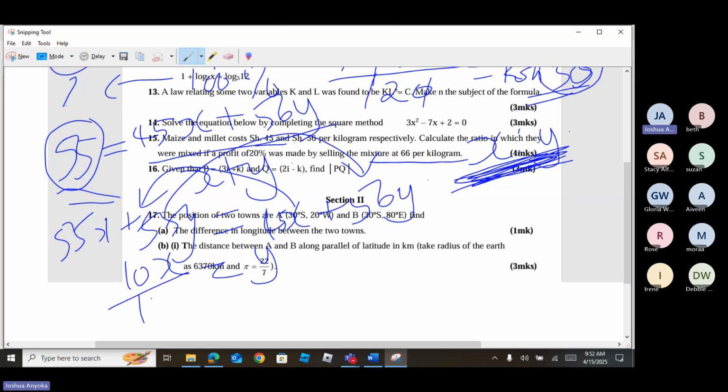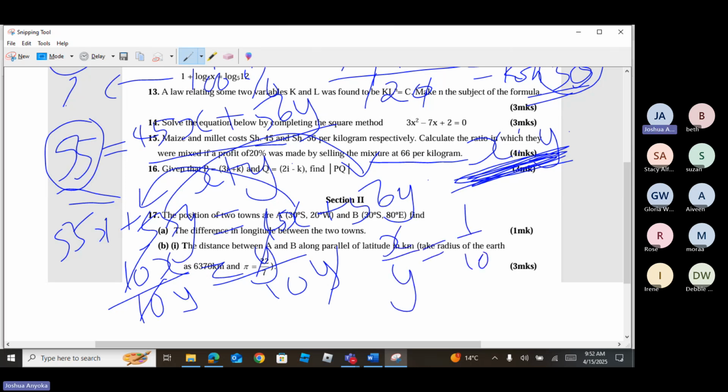I want to divide here by 10 and here by 10, and then divide by y, this one by y, and y goes. So I have x over y is equal to 1 over 10. So x corresponds with 1 and y corresponds with 10. So the ratio x is to y is 1:10.